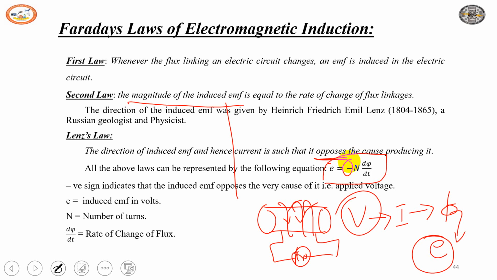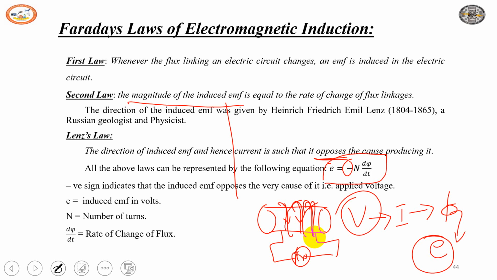The flux linking the coil depends on the number of turns, as I said in the laws of magnetism. If the turns increase, the flux linkage also increases, and EMF is induced. Also, if you increase the current, the flux produced will increase, and that increased flux will link the coil, so EMF can be induced.